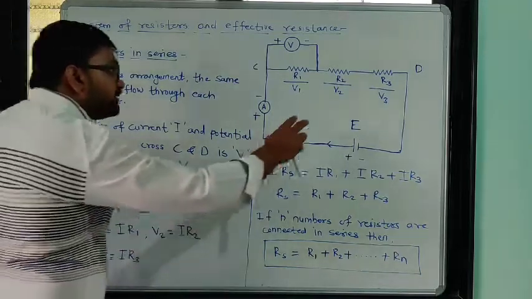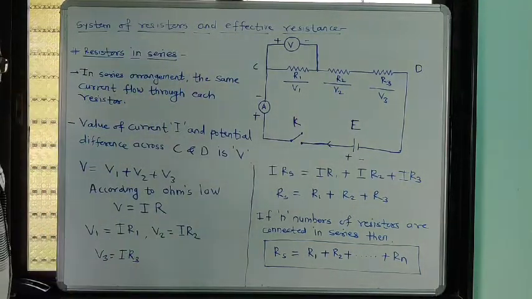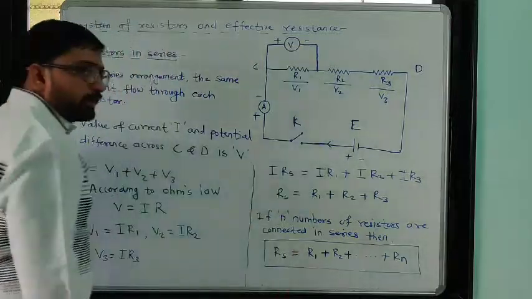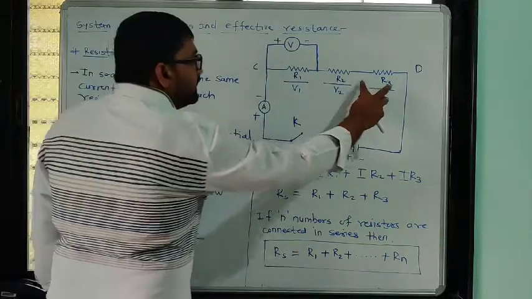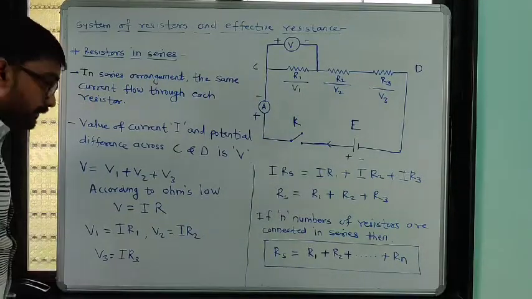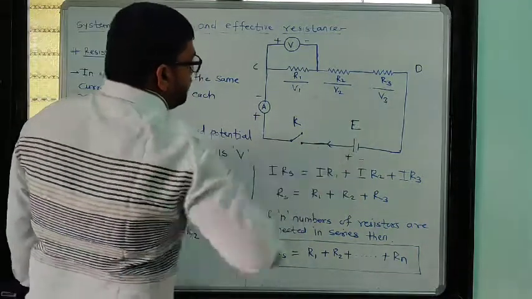So across resistor R2, V2 is the potential difference, and according to Ohm's law, how much is that potential difference? I into R2. In the same way, across this third resistor R3, what will be the potential difference? That will be V3. Current is the same I, but resistance is R3.